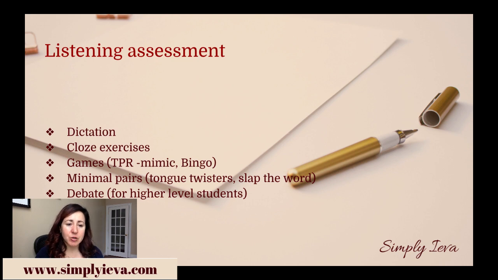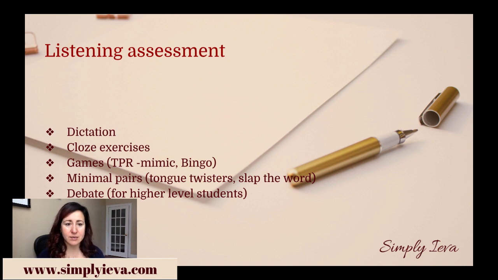To assess listening, you can also use cloze exercises where you omit certain words, let's say if you're studying vocabulary, or certain grammatical structures, or anything that you really want to assess the students on, and they have to fill in the exercise by listening to what you're saying.